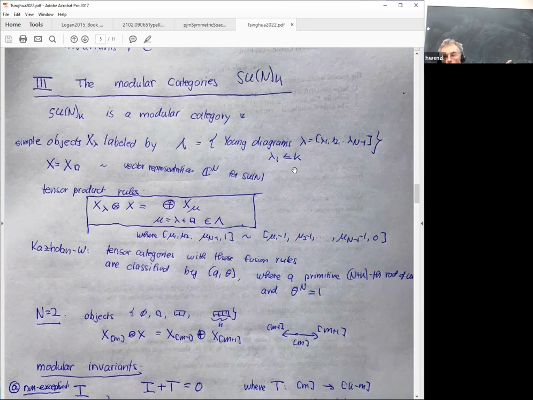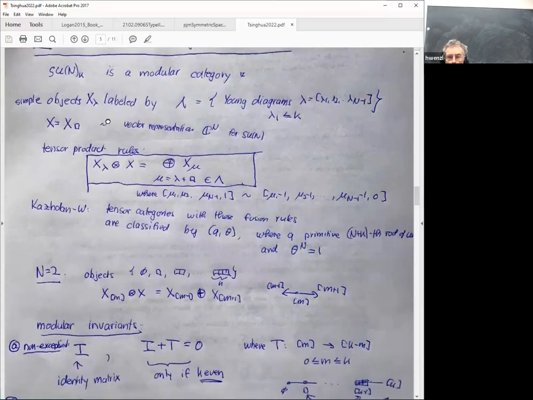So basically, these are all Young diagrams which fit into a rectangle with side lengths n-1 and k. Then usually the object X corresponds to the vector representation, given by the one box Young diagram. And so we get the following tensor product rules as written here.